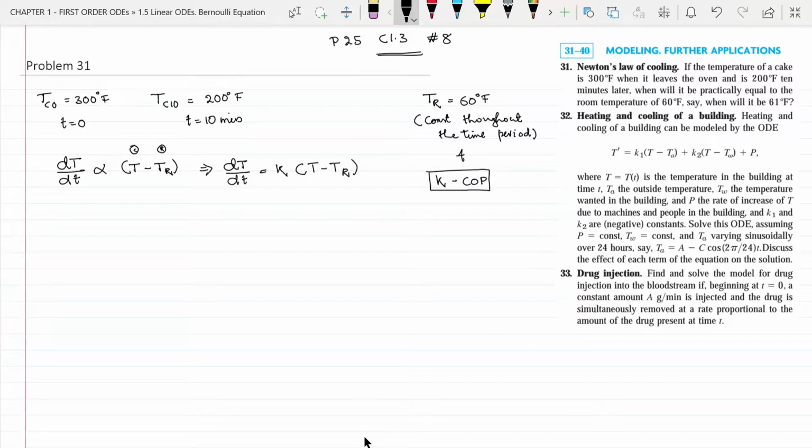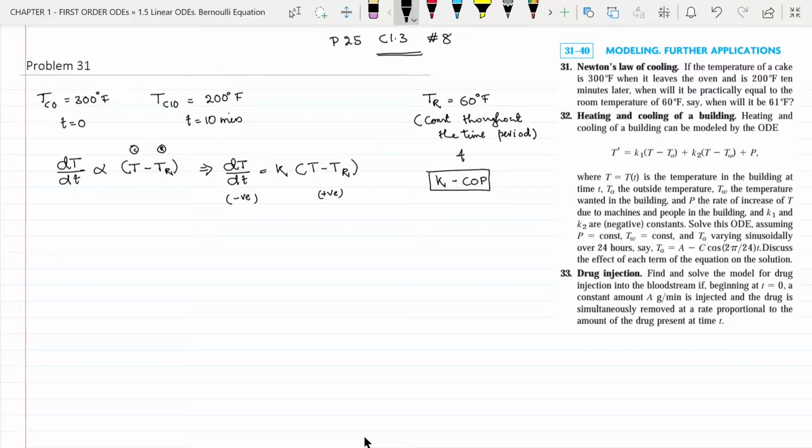Now we can clearly see that as time increases, the cake will keep on losing its temperature. So dT by dt, the rate of change of temperature with respect to time, is a negative quantity. And T minus Tr, the temperature of the cake minus the temperature of the room, is a positive quantity because the cake is hotter than the room.